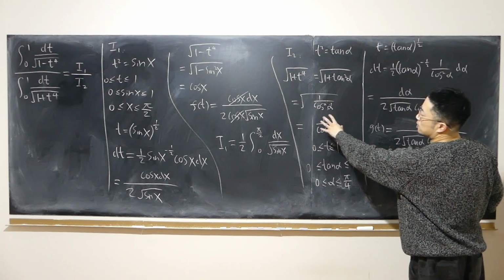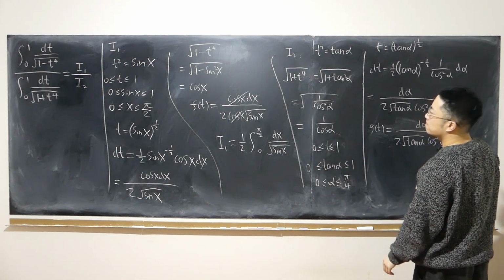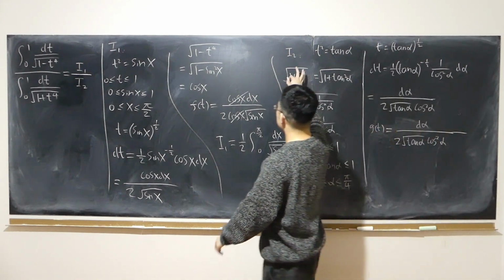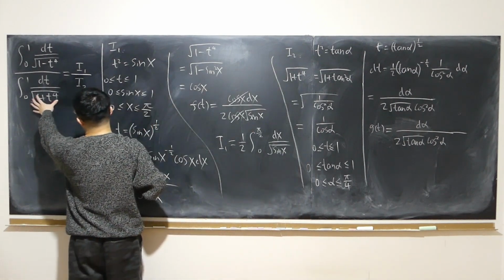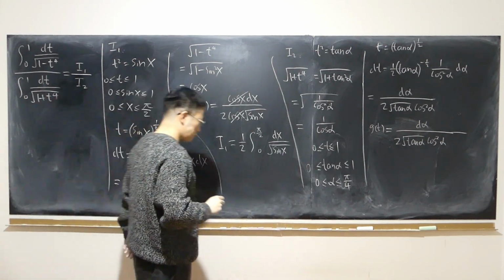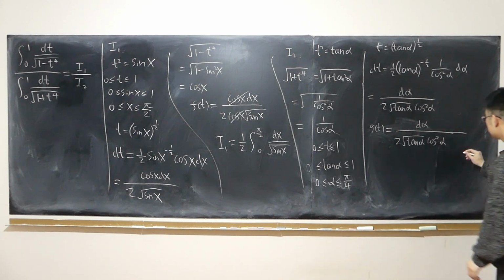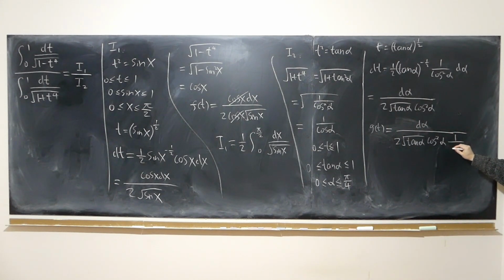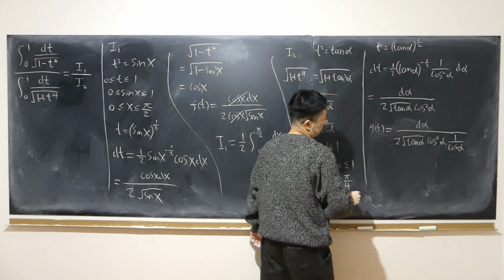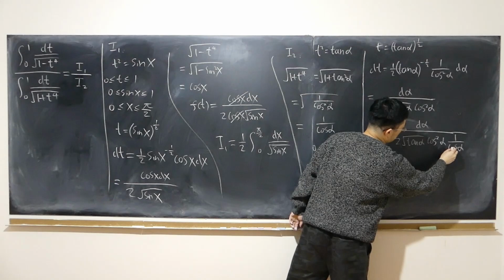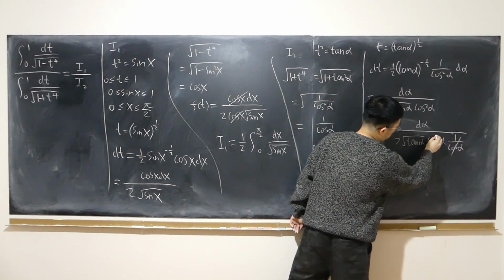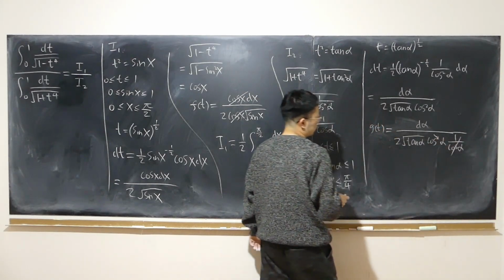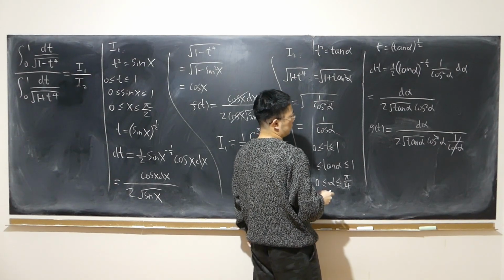Then 1 over cosine alpha simplifies down to just 1 cosine, right?